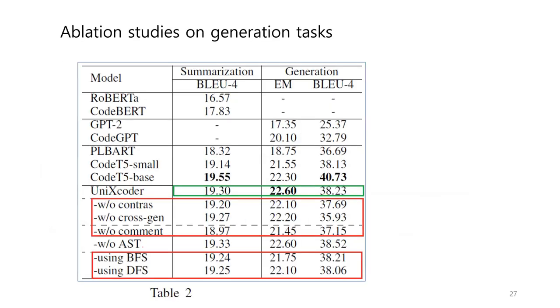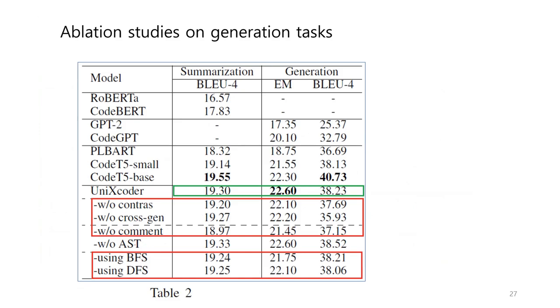In the case of generation tasks, everything is okay. But in the case of AST, the AST does not have any effectiveness on the generation tasks, as I have told you on the previous slide.